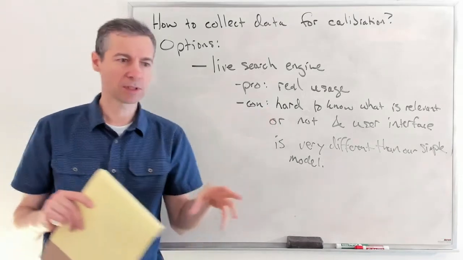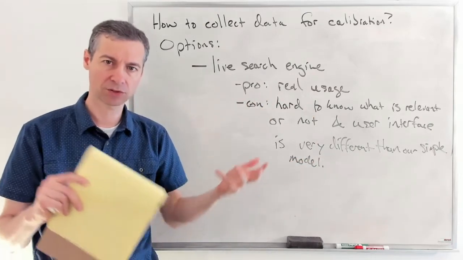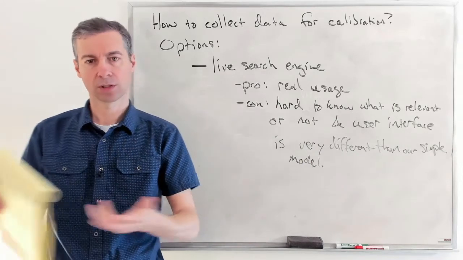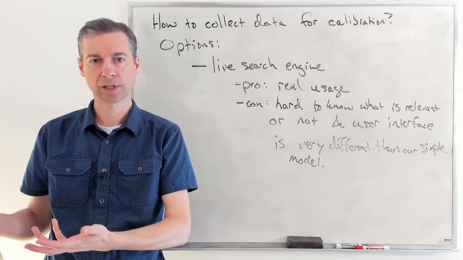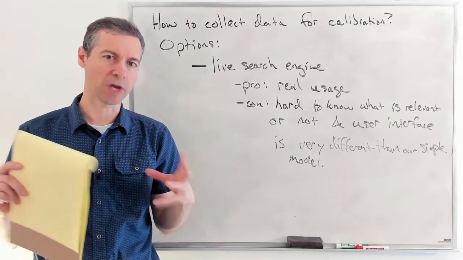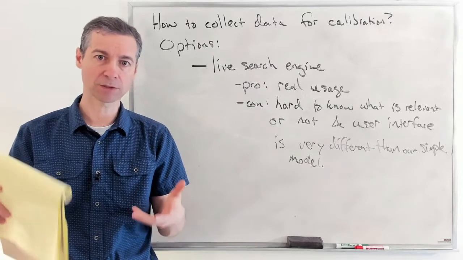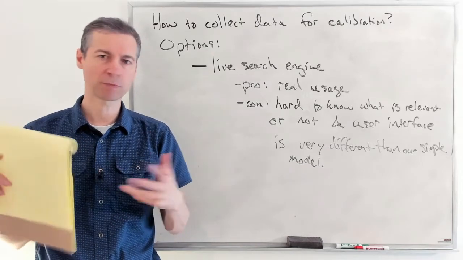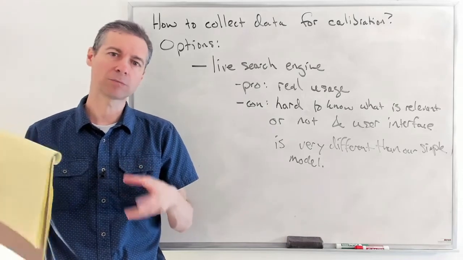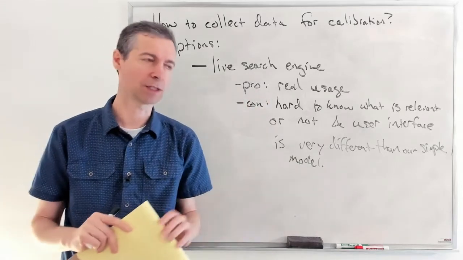You could get measurements on the complex search engine interface and have a mismatch to your simple model. Or you could get very good measurements on your simple model, on an interface that's matched to your simple model. So you won't have a mismatch between the measurements and your model. Now all you have then though is a mismatch between your model and the actual reality.